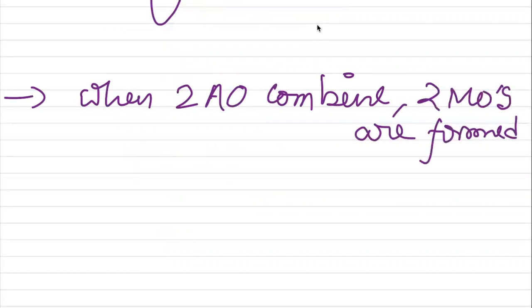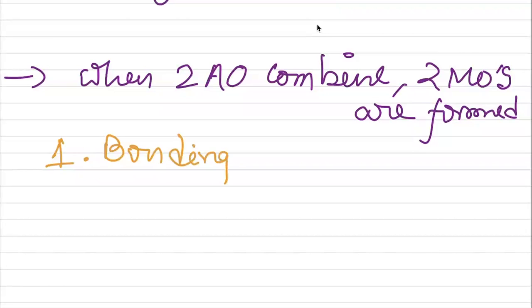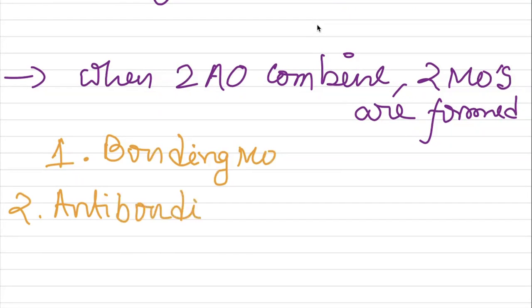Now, one thing you have to remember. When two molecular orbitals are formed, there are two types: one is the bonding molecular orbital and another is the anti-bonding molecular orbital.